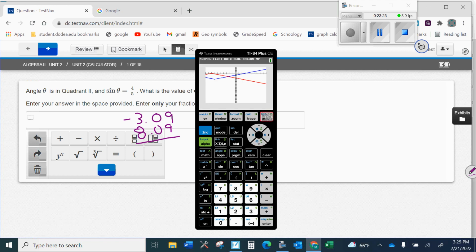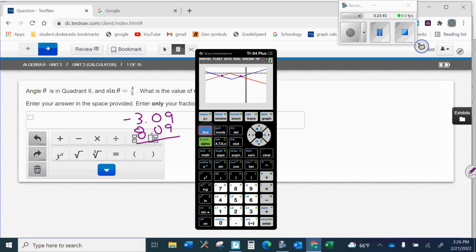Okay, hit graph. I can see one of the intersection points here. Okay, but I can't see that one, so I need to move the x over, make it less on the x. So the x minimum is negative 10. Let's make it negative 20. Okay, now I can see both of them clearly. I could have also zoomed out, zoom number 3.